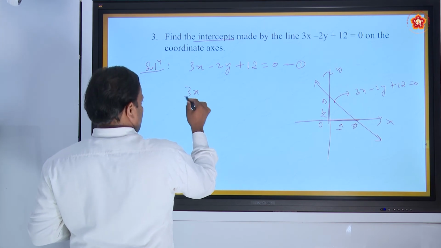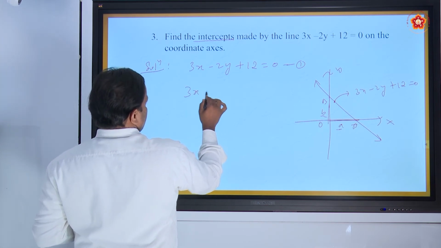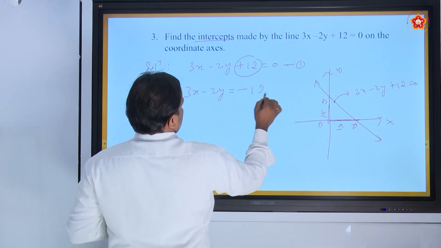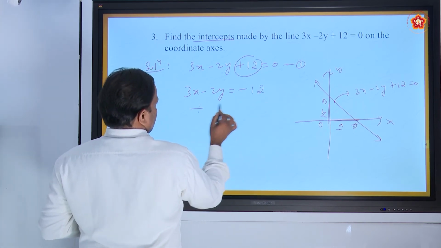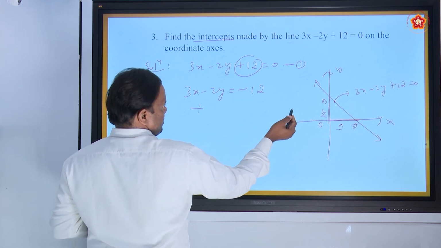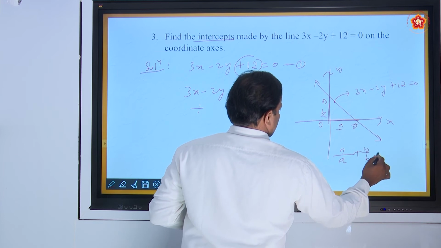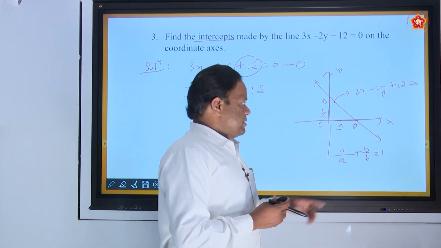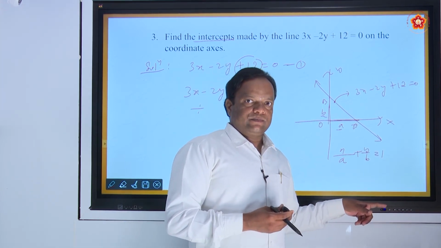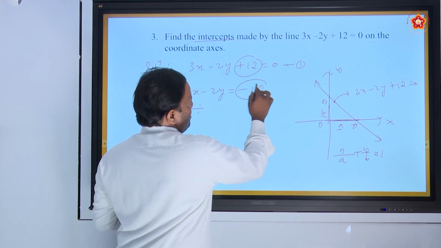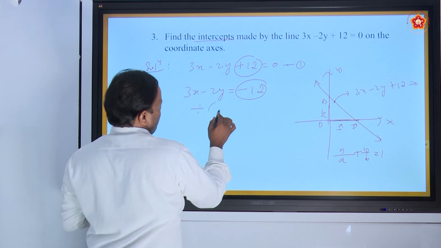The procedure is: 3x minus 2y equal to, take the constant to the RHS, that is minus 12 here. Dividing, we need 1 here, no? Because our equation in intercept form is x by a plus y by b equal to 1, correct? RHS is 1, so we need RHS 1, and here it is minus 12. Divide the whole equation by minus 12.